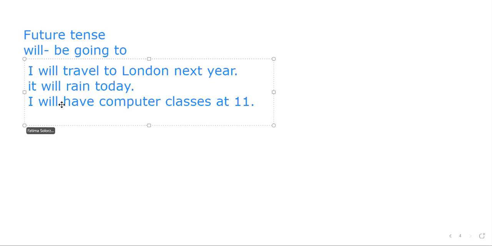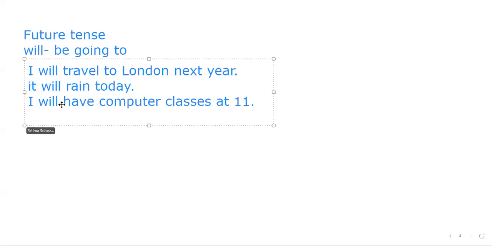And also we have be going to. Be going to is used when you want to talk about plans or intentions in the future. Okay, plans, something that you have planned, for example, since yesterday.